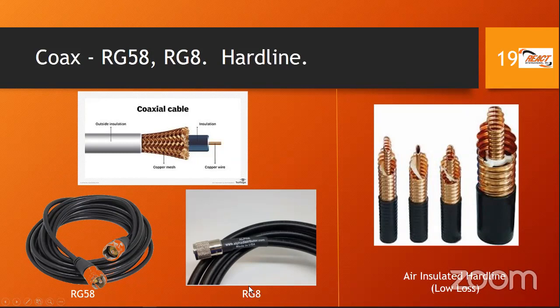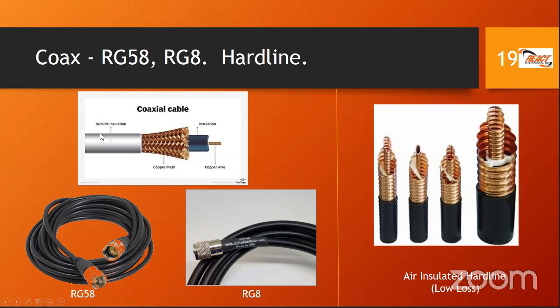And on the right-hand side, it's a thicker cable, the RG8. So it's also less lossy. And there's a general rule of thumb that the thinner the cable, the lossier it tends to be, and the thicker the cable, the less lossy. Again, rule of thumb, right?